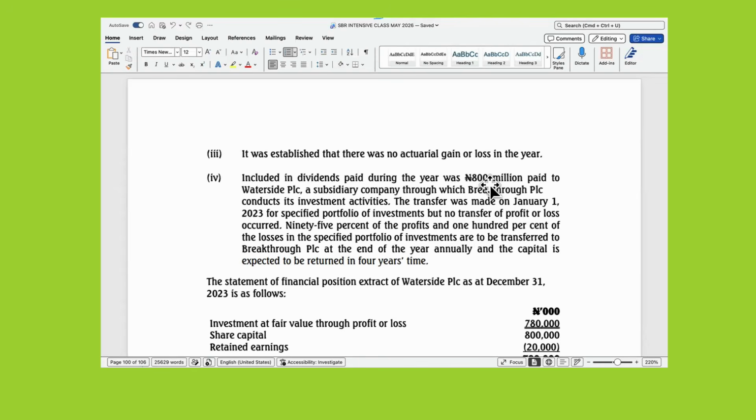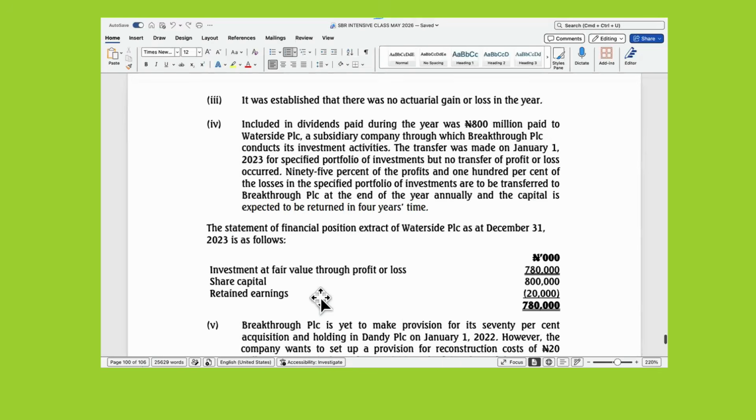So 95% of the profits and 100% of the losses in the investment are to be transferred to Breakthrough at the end of the year. And the capital is expected to be returned in 4 years' time.